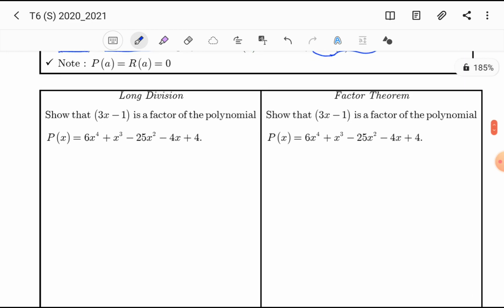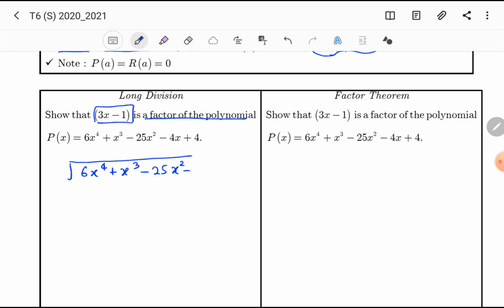Okay, now we go to long division. Okay, show that 3x minus 1 is a factor of the polynomial. Okay, so we use long division. So we have 6x power of 4 plus x cubed minus 25x squared minus 4x plus 4. Okay, divide by 3x minus 1.